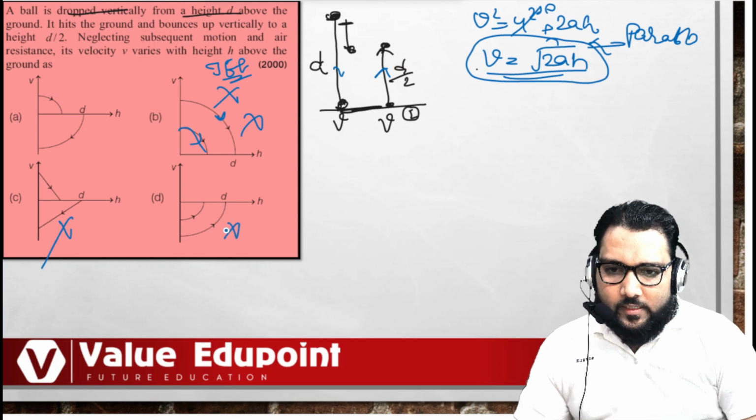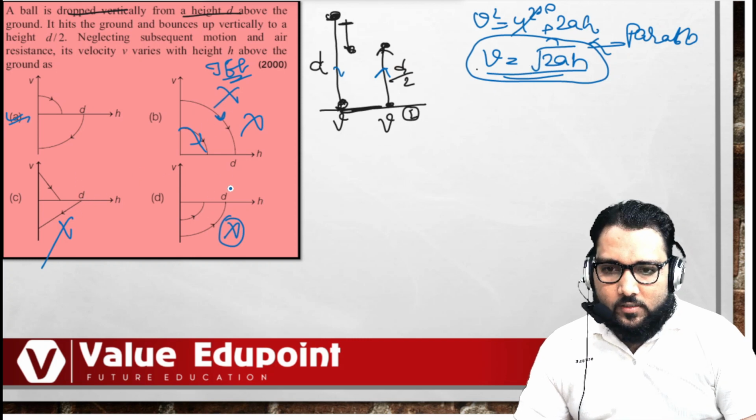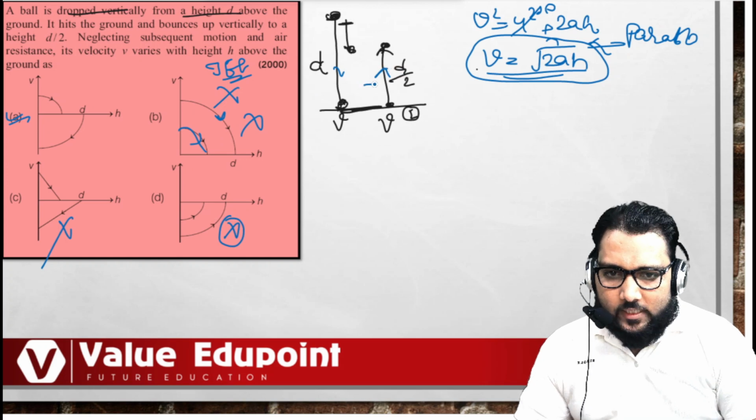In both cases this will not come, so the first answer will come. In this case this is a parabola, so this straight line will not come. In both cases the height is increasing. Also, in the first case velocity is negative, and in the second case the velocity is positive. So the first graph will come.